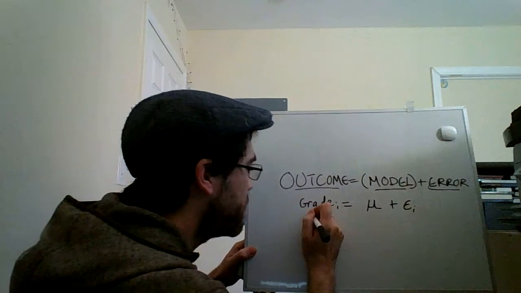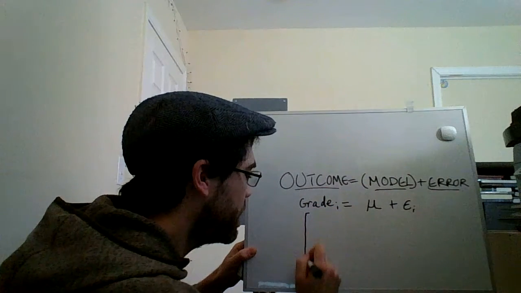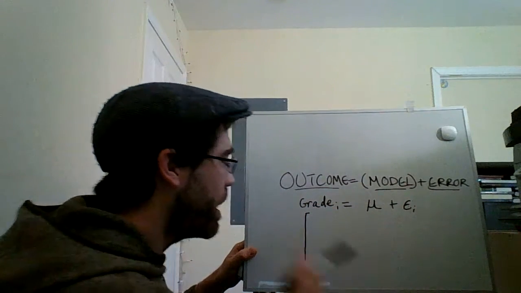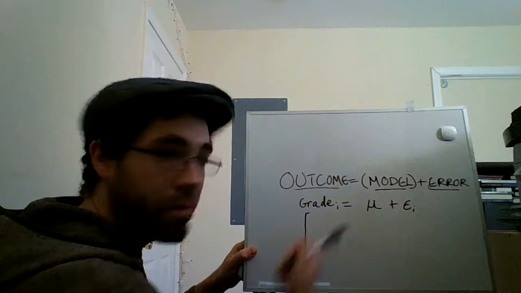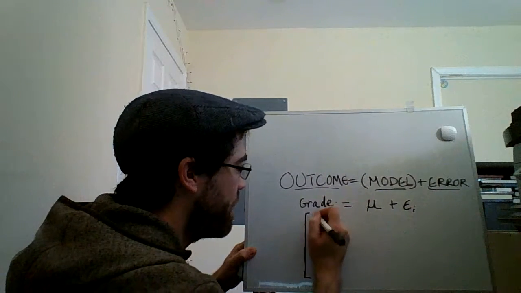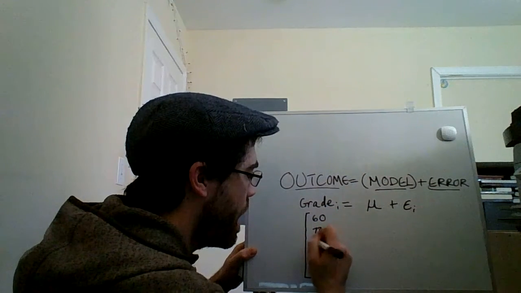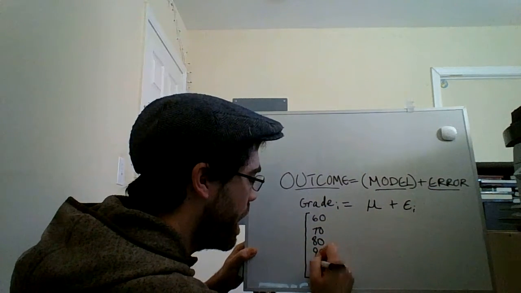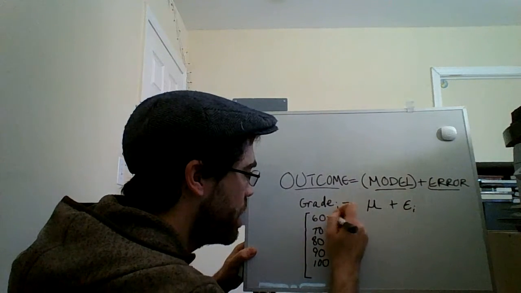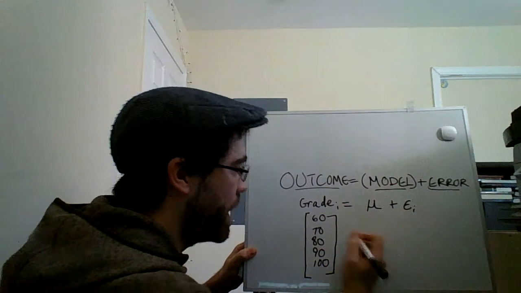Now, it's important to notice what we're actually doing. You might ask, wait, but isn't this different for different people? Yes, we've got that. What we're actually doing, say we have 5 students. We have students with 60, 70, 80, 90, and 100 for their grades. We actually have a vector of grades.